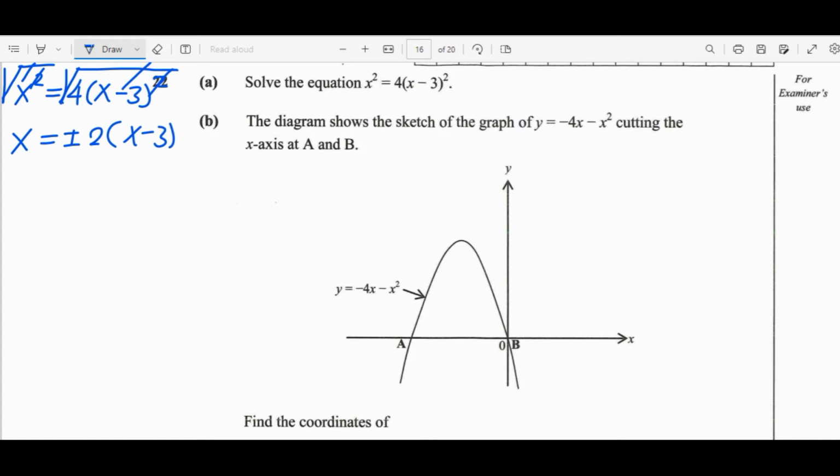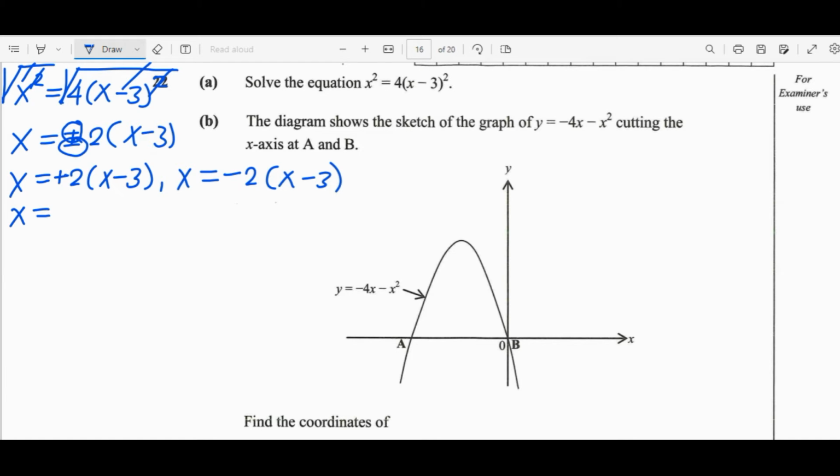Now at this point, I need to form two equations. I'm going to say x is equal to, first I'm going to get the plus sign, so positive 2 times x minus 3. Then the other equation will be x is equal to, I'm going to get the minus sign, minus 2 times x minus 3. Then let's find the value of x for each equation. So I'm going to distribute.